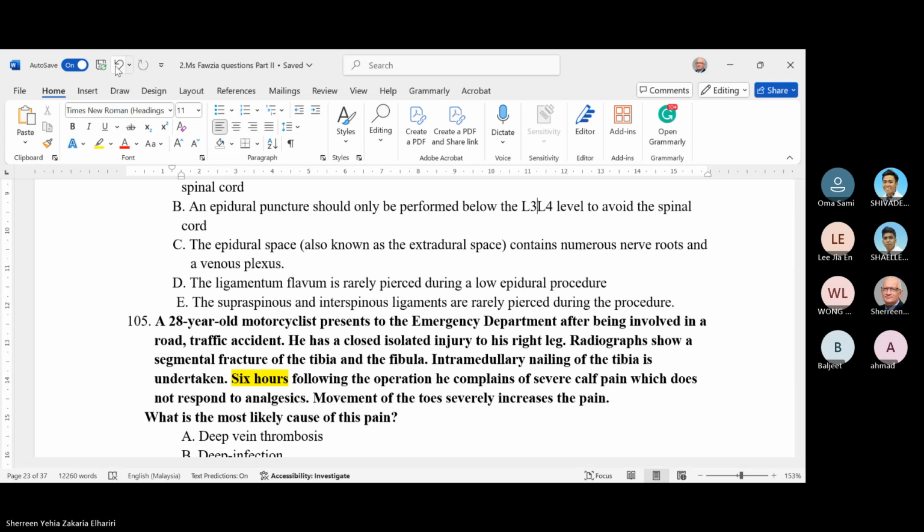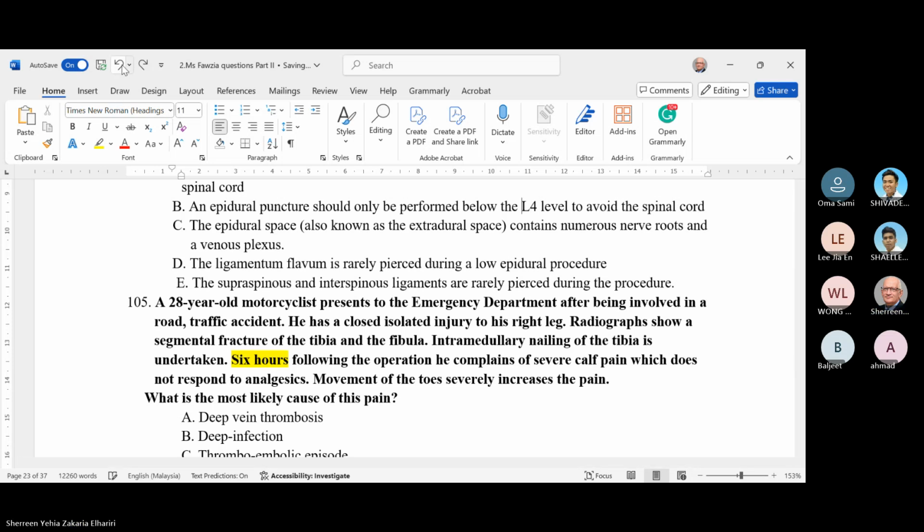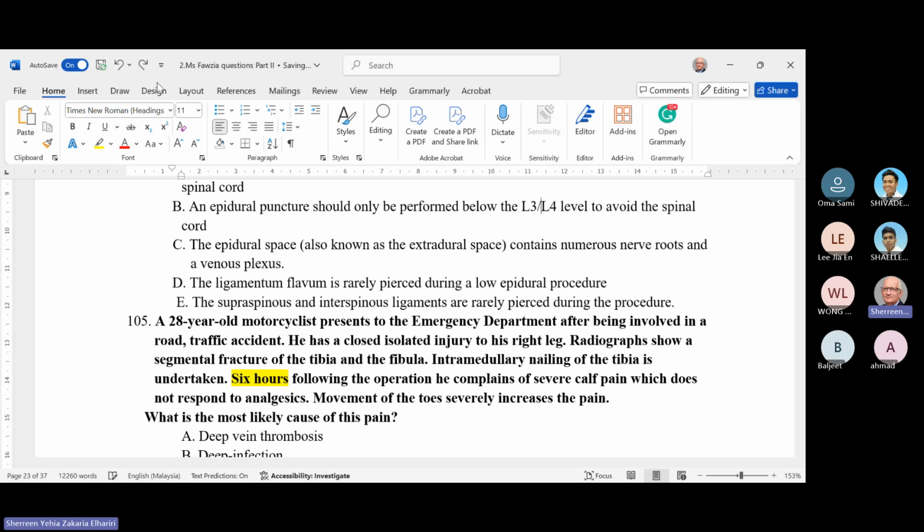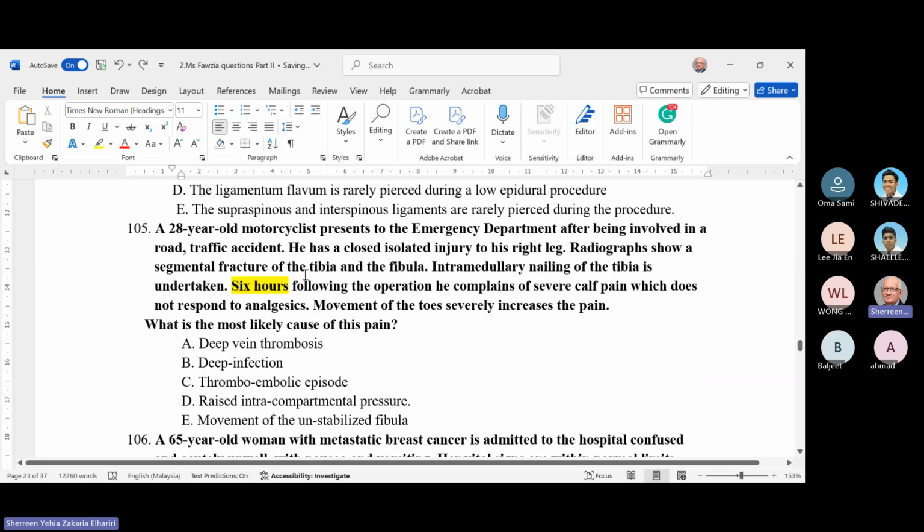Radiograph shows segmental fracture of tibia and fibula. Intramedullary nailing of the tibia is undertaken. 6 hours following the operation, he complained of severe calf pain and did not respond to analgesic. Movement of the toe severely increases the pain. What is the most likely cause?